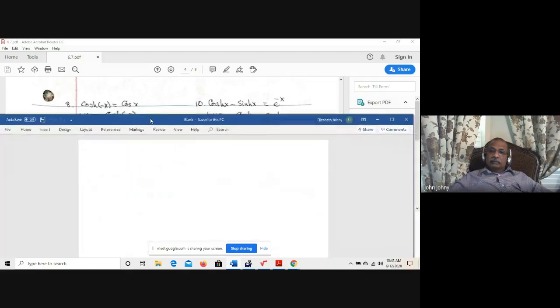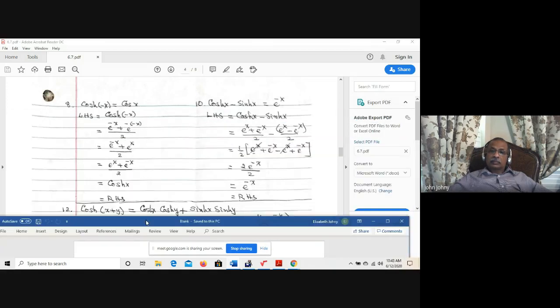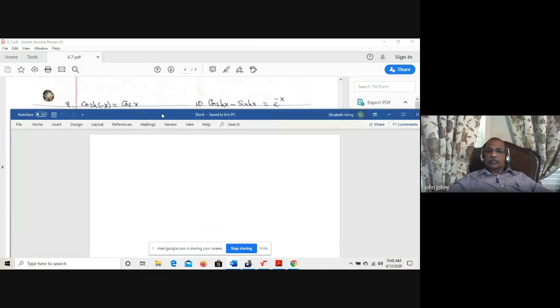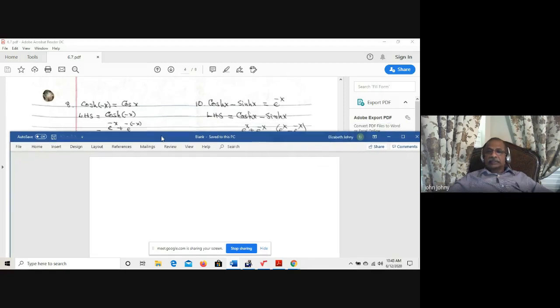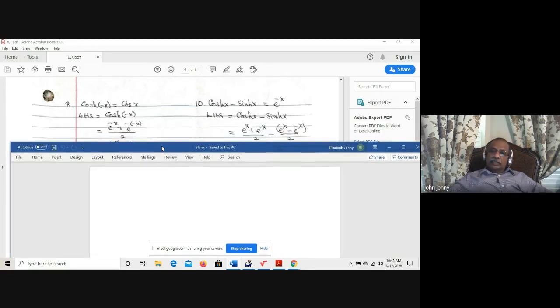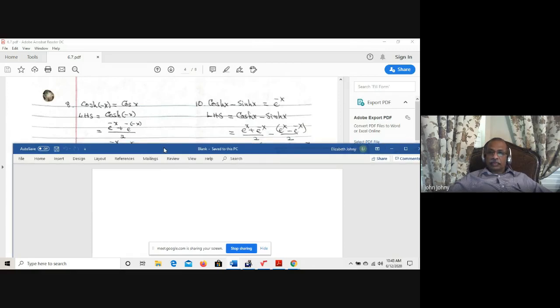Number 10. Prove that cosh x minus sinh x is equal to e to the negative x. Left hand side is cosh x minus sinh x, that is e to the x plus e to the negative x divided by 2 minus e to the x minus e to the negative x, whole divided by 2.